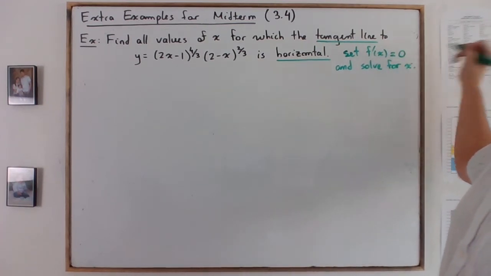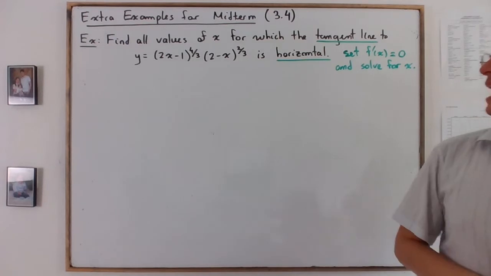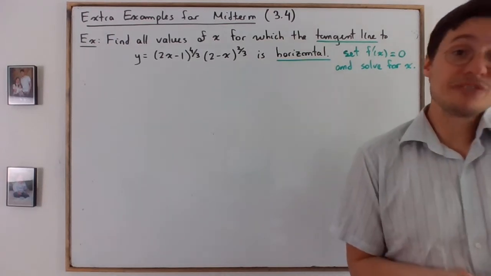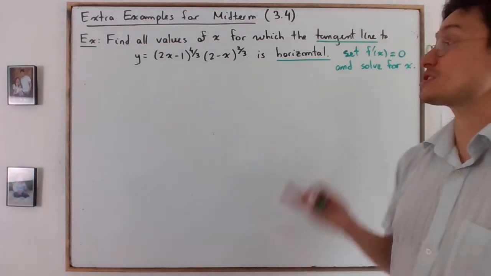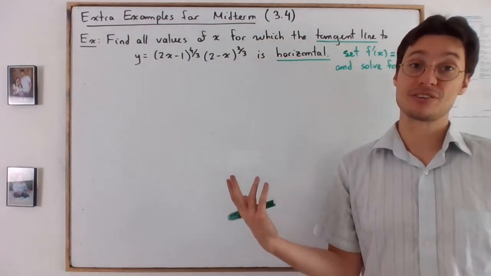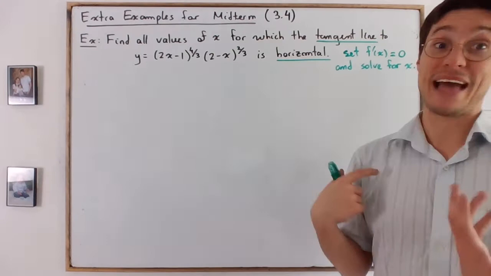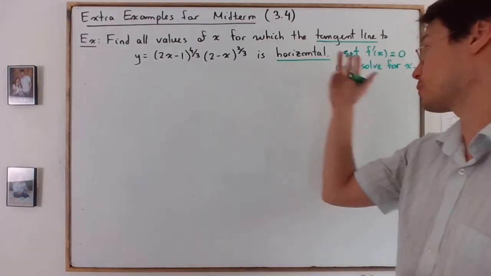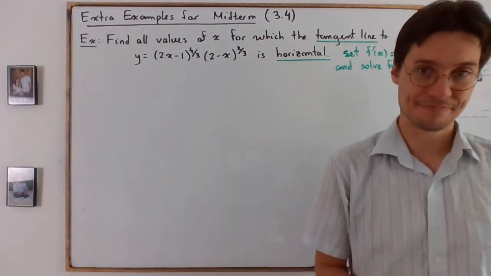We've seen that problem before, and that's it. This is what you need to do, just because the slope of the tangent line has to be 0 for the tangent line to be horizontal. And we're finding the values of x for which that happens. So that's why we're solving an equation for x.